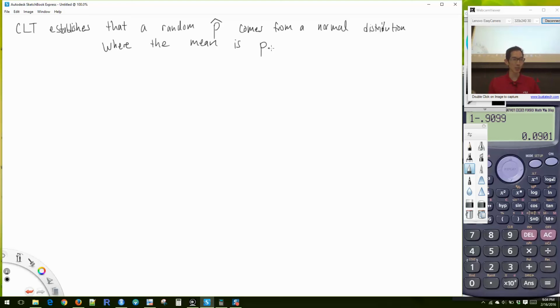It's much the same as drawing candy pieces out of the bucket. If we know that the bucket has exactly 60% of this thing, when you take random samples, we expect something around 60%.